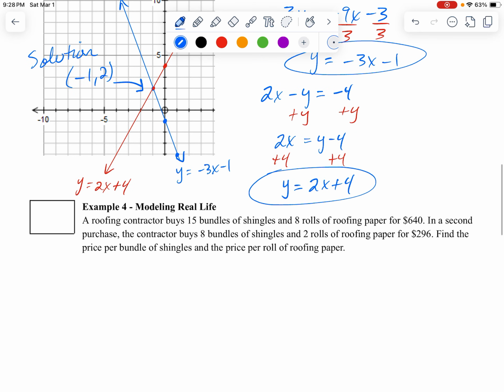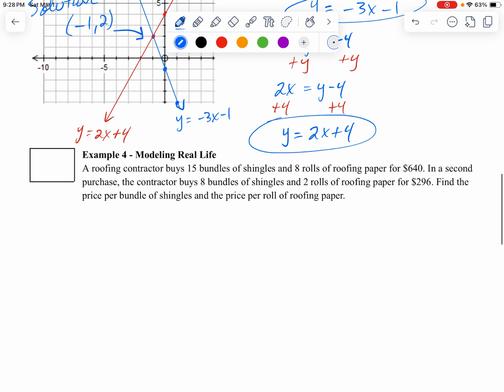Moving on to our final example. We're going to solve this using technology. The key here is going to be just setting it up. How do we set this up? So our problem, a roofing contractor buys 15 bundles of shingles and 8 rolls of roofing paper for $640.